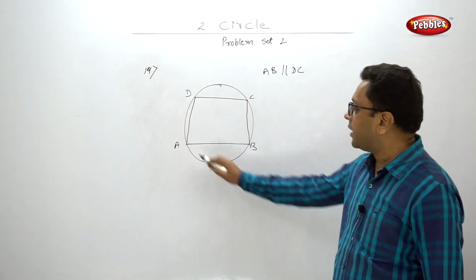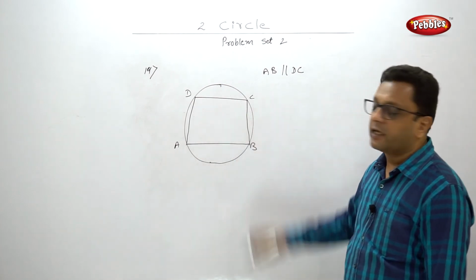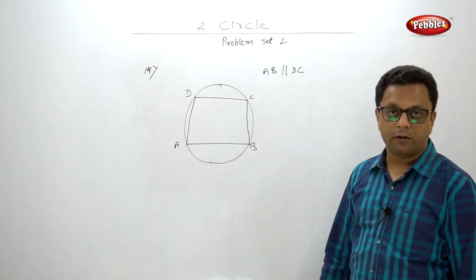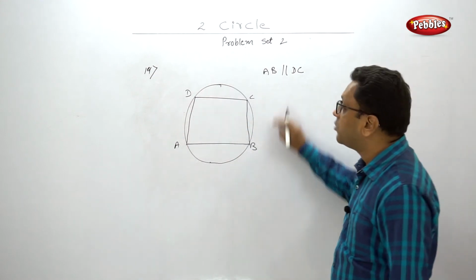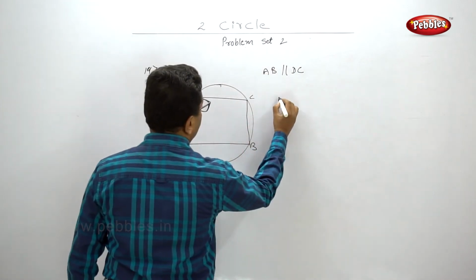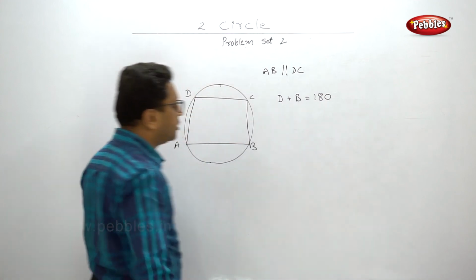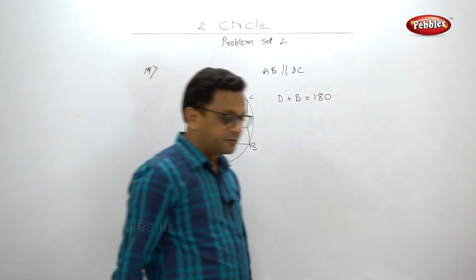That means we have to prove that angle A and angle B are congruent and angle C and angle D are congruent. Let us prove first that angle A and B are congruent. Now since this is a cyclic trapezium, or we can call it a cyclic quadrilateral, D plus B is equal to 180 degrees because in a cyclic quadrilateral opposite angles are supplementary.